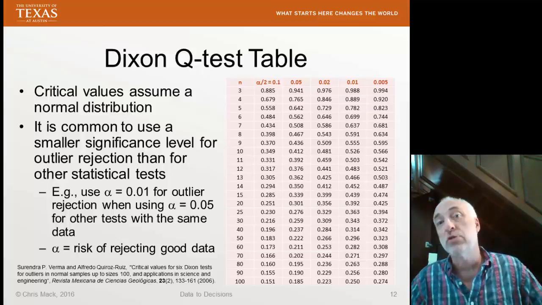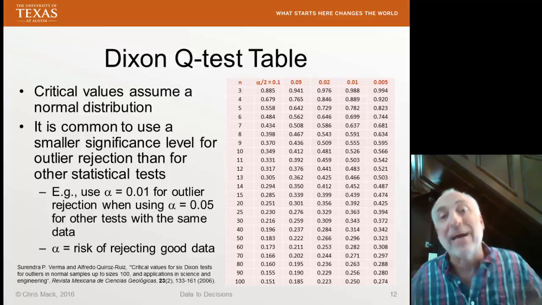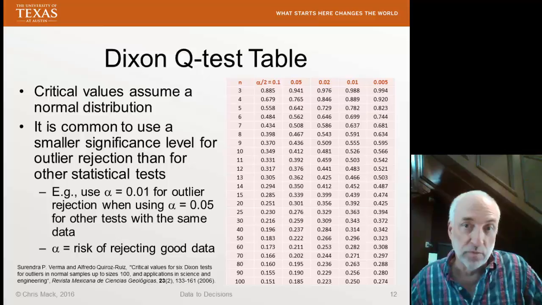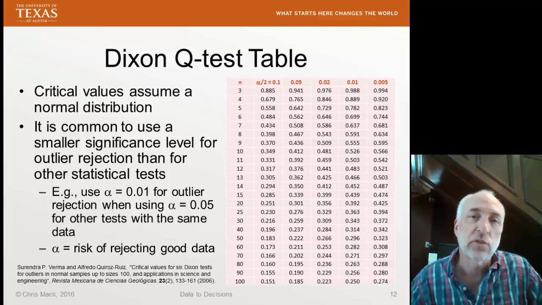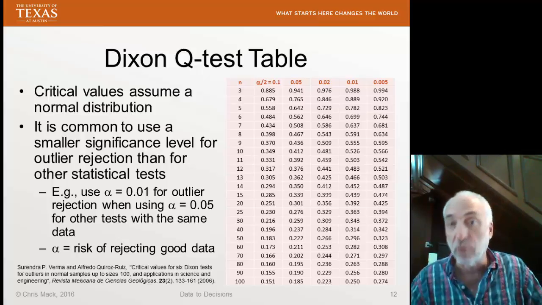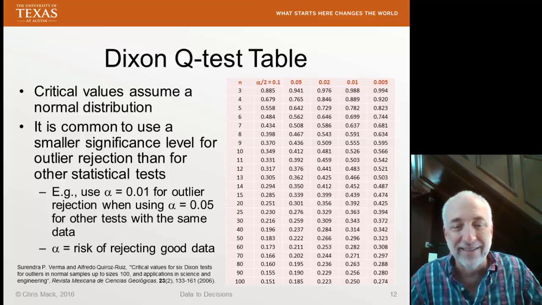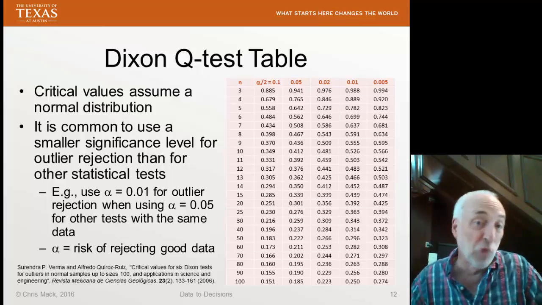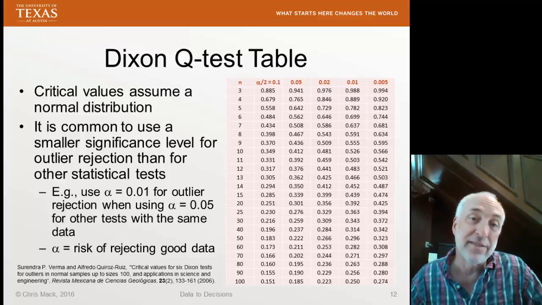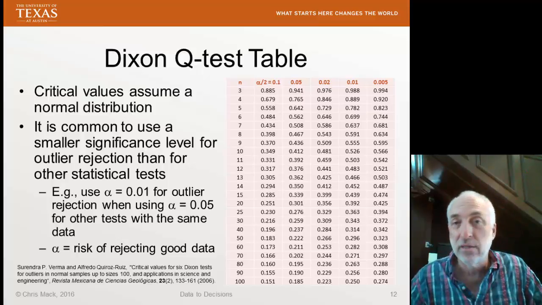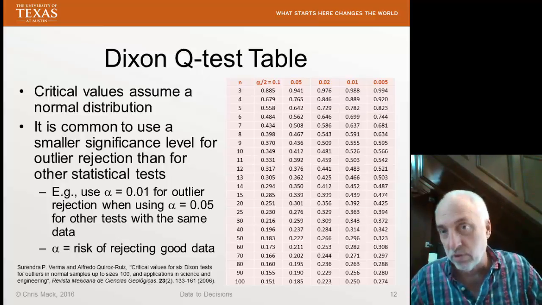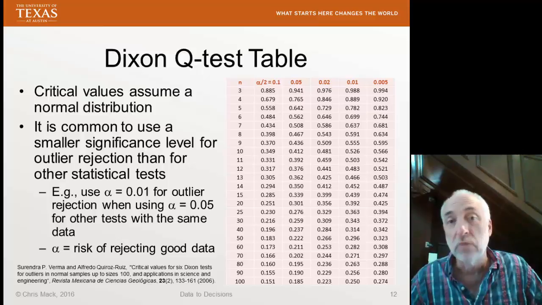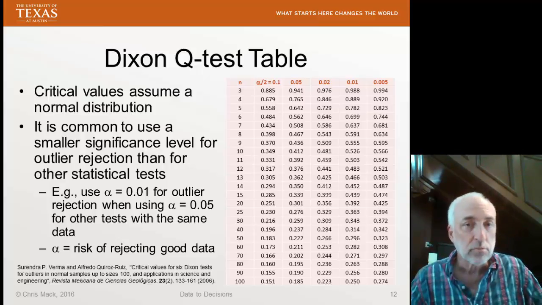If your underlying distribution, the distribution without the outliers, is not normal, then this Q test table is not appropriate. And that's going to be true for, as it turns out, all of the tests that we do. They're all going to assume an underlying distribution which is normal. And so all the work we did to try to decide whether or not it's reasonable to assume the underlying distribution is normal comes into play here.